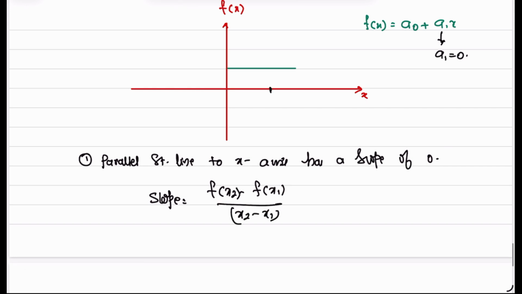Let me say x1 is 1, x2 is 2. Function x2 is the same value, let me say, a naught, and function x1 is also a naught. A naught minus a naught divided by x2 minus x1, which is 2 minus 1, is equal to 0 by 1, that is equal to 0. Any straight line parallel to x-axis has a slope 0.